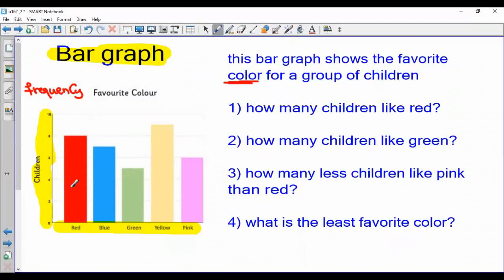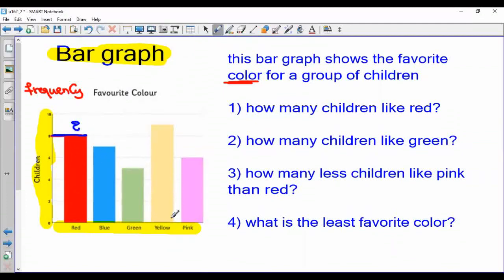And the height of the bar is the frequency. So, for example, I have here a bar for the red color. The height of the bar is exactly 8. So the frequency of red is 8.